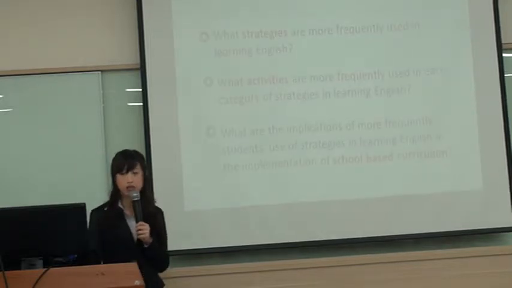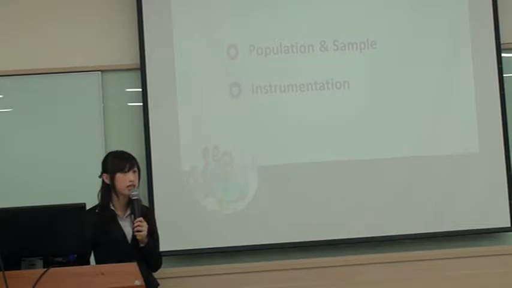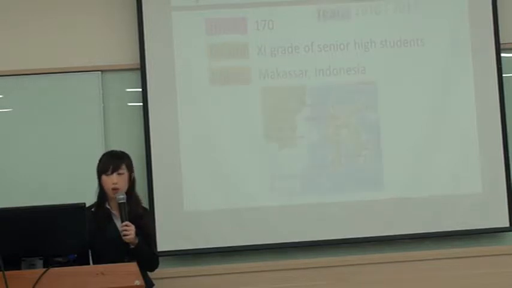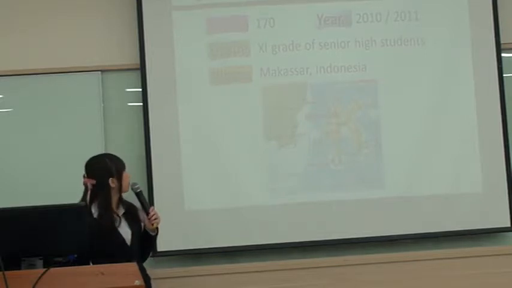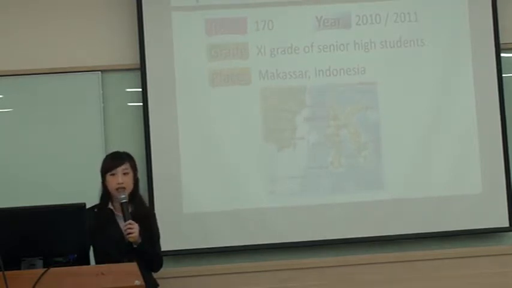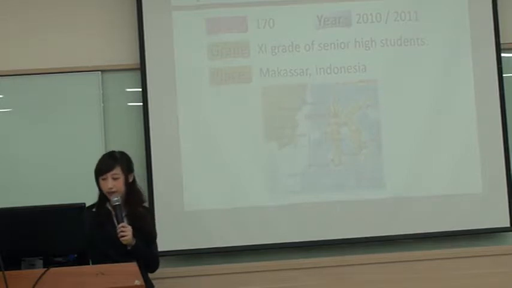And here's the research question, and I will discuss it in the finding part. And in the methodology part, there are two sections, including population and sampling, and instrumentation. The participants of this study are 170 students of 11th grade of senior high school who study at Makassar in Indonesia, in academic year 2010 to 2011.